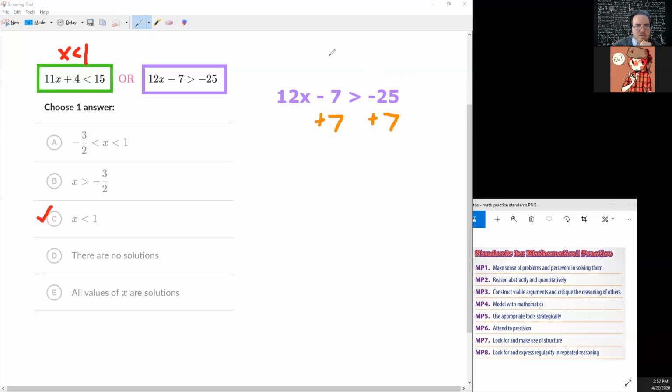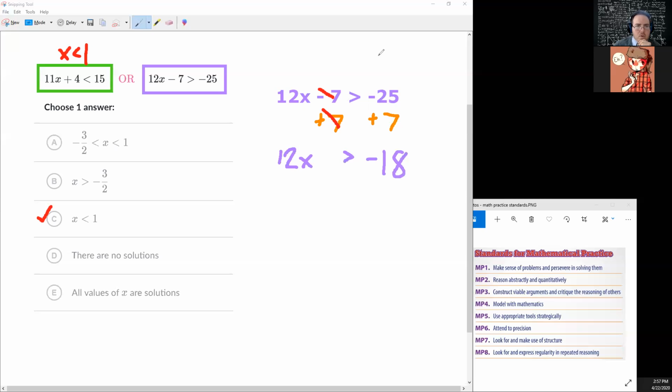That way I'd still have this 12x, but since positive 7 and negative 7 are opposites, they cancel. So 12x is greater than negative 25 plus 7, which would be negative 18.